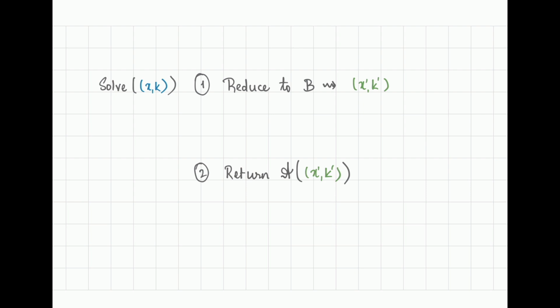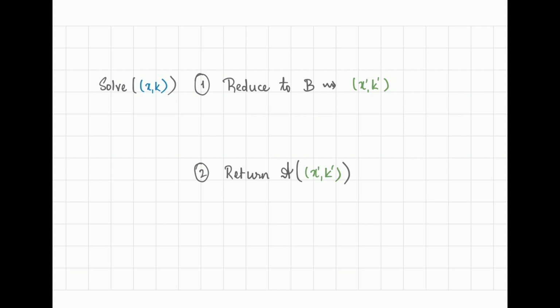And let's say that what we get out of the reduction is an instance (x', k'). What we are going to do after that is run the FPT algorithm that we know exists for B by assumption. We're going to run that algorithm on x' and k' and report whatever that algorithm tells us as the output of the algorithm that is solving (x, k).